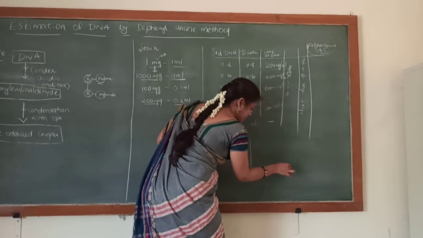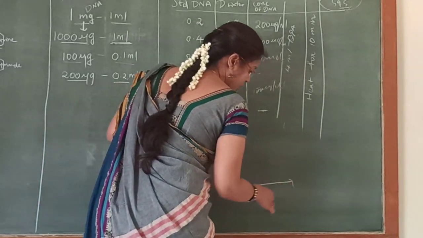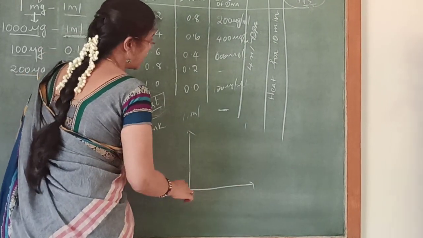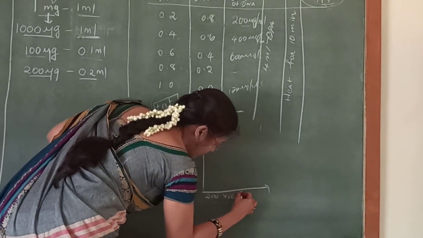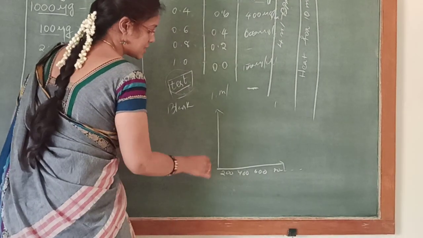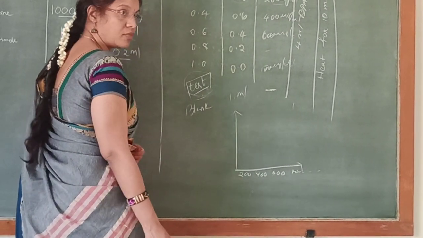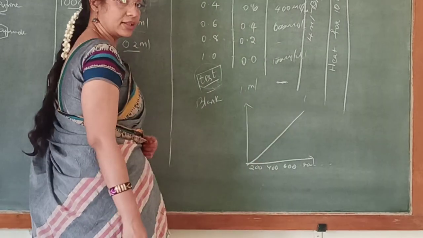How does the graph have to be plotted? You have to take the concentrations on the x-axis. Say this is 200, 400, 600, 800 on the x-axis, and the OD values on the y-axis, and you need to get a straight line like this.